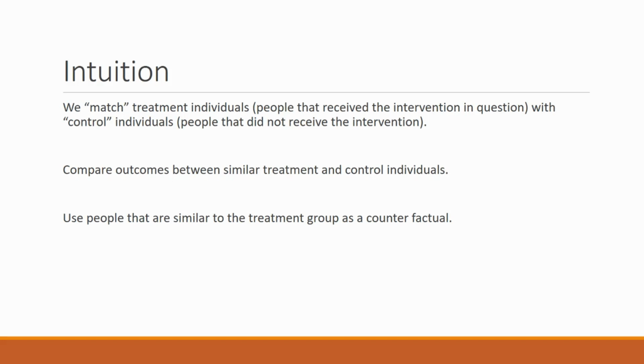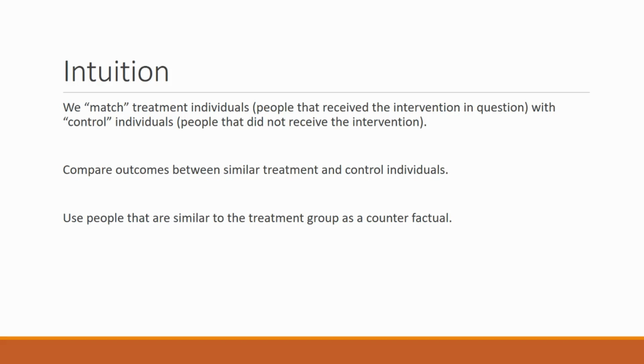We're going to find people in the treatment group that have very similar characteristics to the people in the control group, pair them up, and match treatment people to similar or comparable control people. Then we're going to look for the treatment effect by comparing similar people from the treatment group to similar people from the control group.